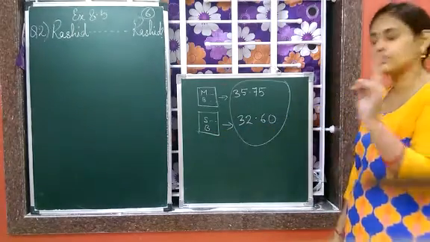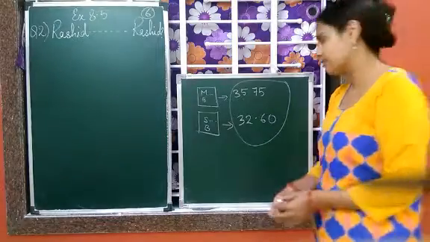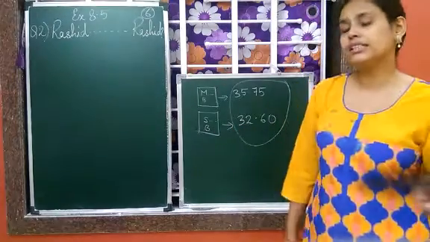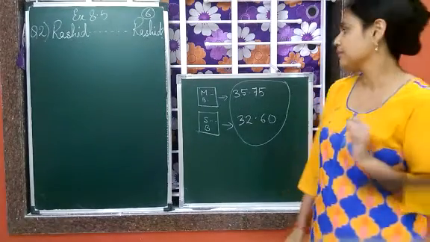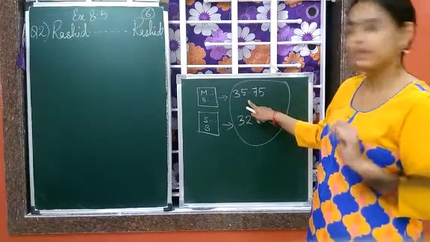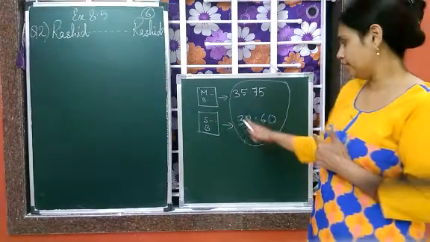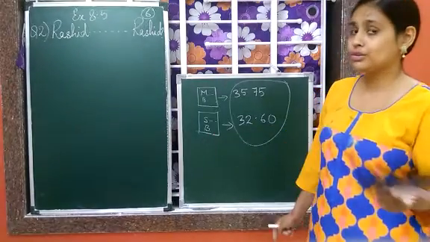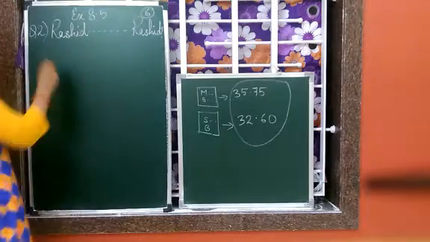So the first statement will be on the maths book, the second statement will be on the science book, the third and the final statement will be on the keyword. What is the keyword? Total amount, okay. So the first will be, this is what? This is the cost of maths book, then cost of science book, then we can write total cost of both, okay.